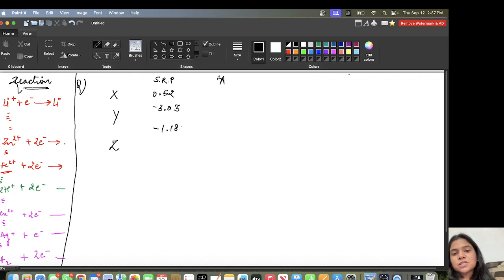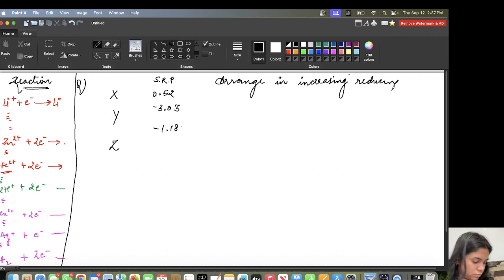The question is, you have to arrange them in increasing reducing power.